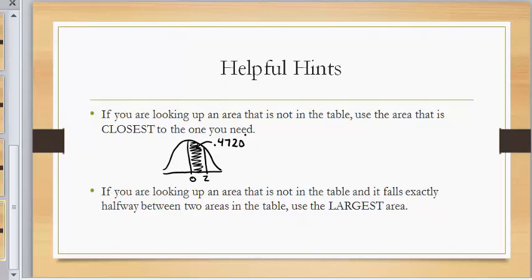But when I go to look it up, I see that my table has .4719, and then the next area is .4726. But there is no .4720. And so the rule is that you're going to go with the closest one to the one that you need. So .4719 is closer than .4726. And so I'll use .4719 and read off that z-score as 1.91.